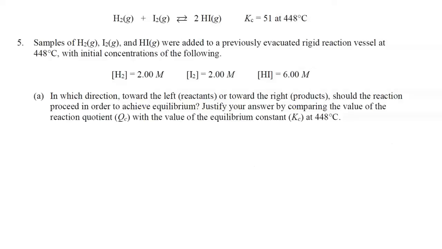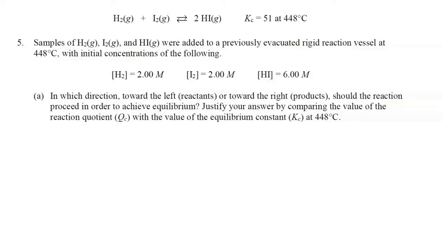Now, moving on to question 5. What makes question 5 similar to questions 3 and 4 in the packet is that we're still dealing with the same equilibrium system involving hydrogen, iodine, and hydrogen iodide.